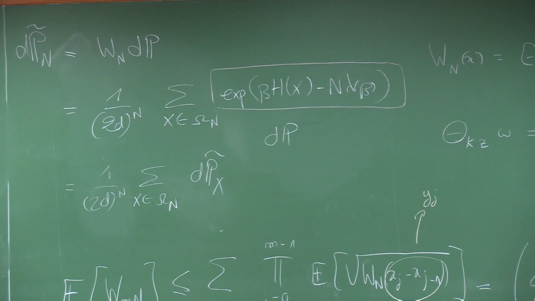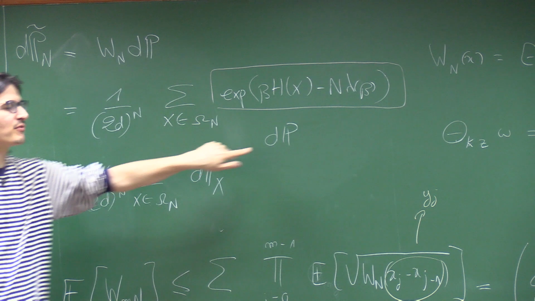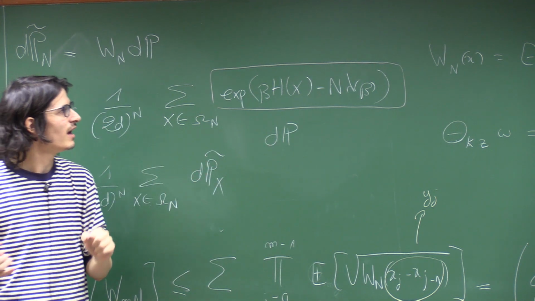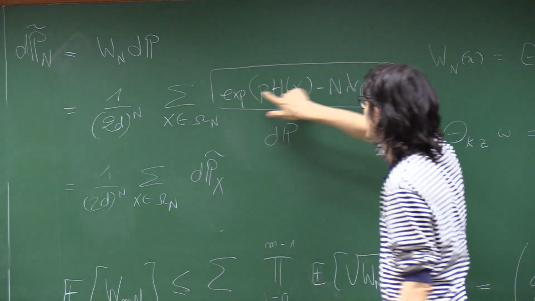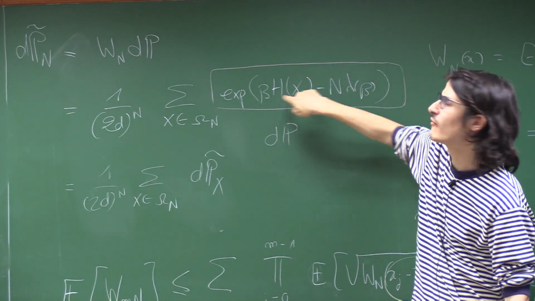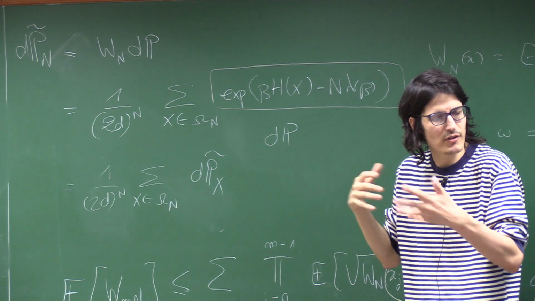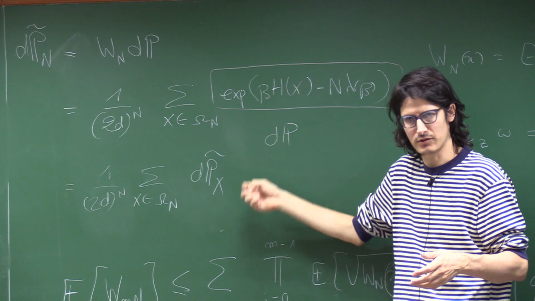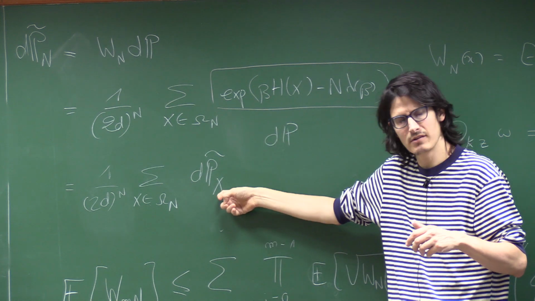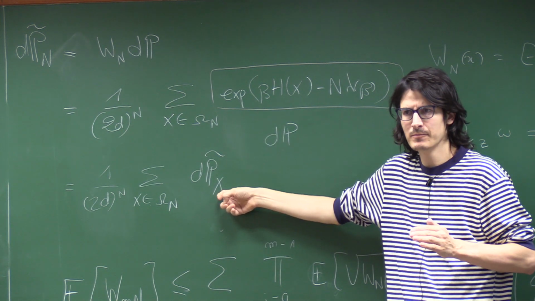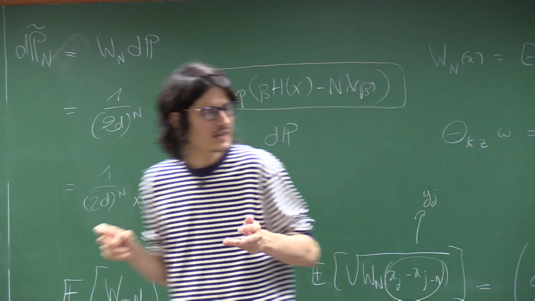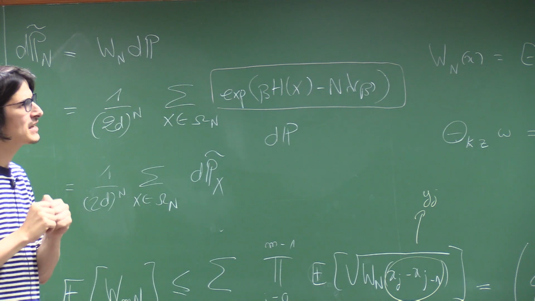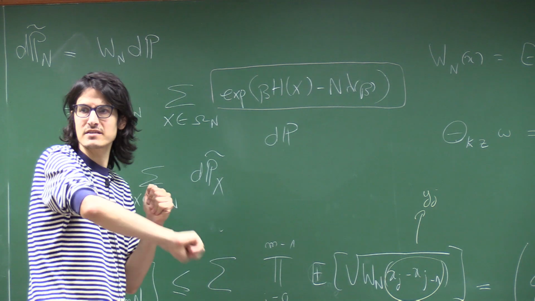Now p is a product measure, the omegas are IID. And this exponential here is the exponential of the sum of omegas, so it's a product function. So you're not modifying the product structure. Under this measure, your omegas are still IID. What you are doing is changing the distribution of the omegas along the trajectory of x.